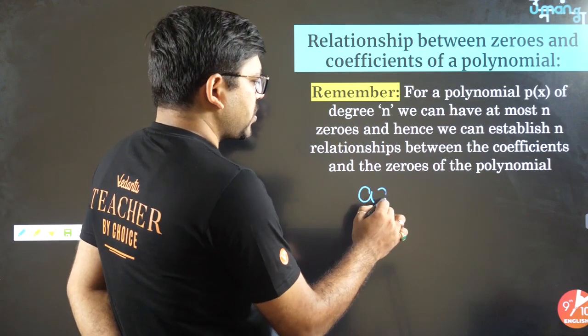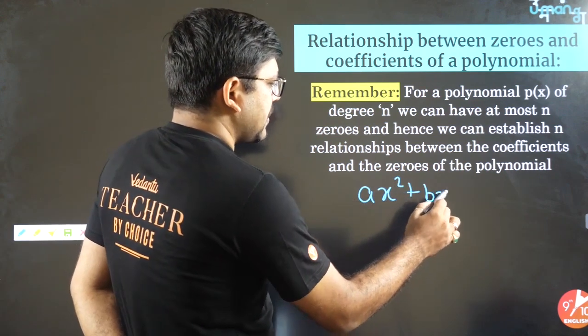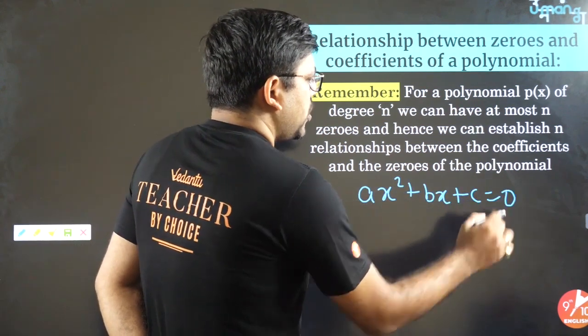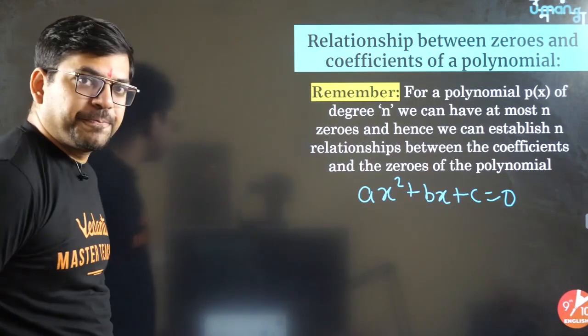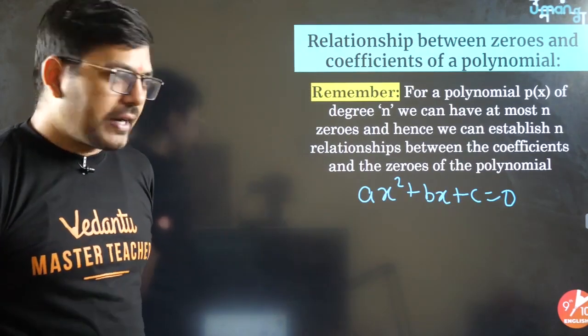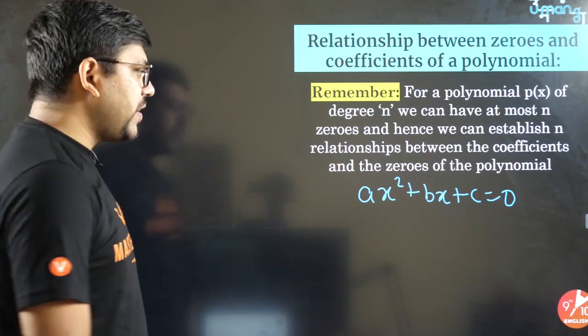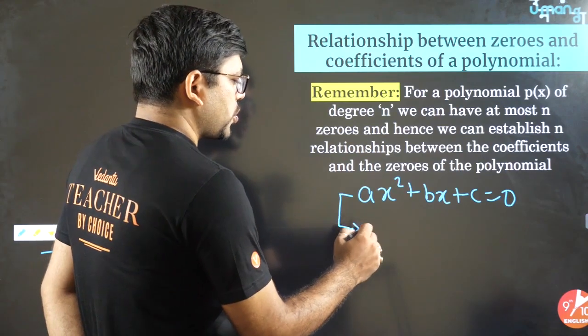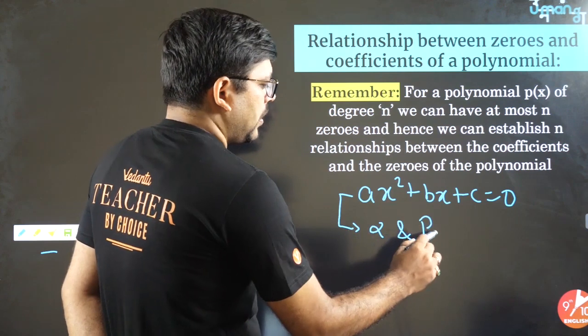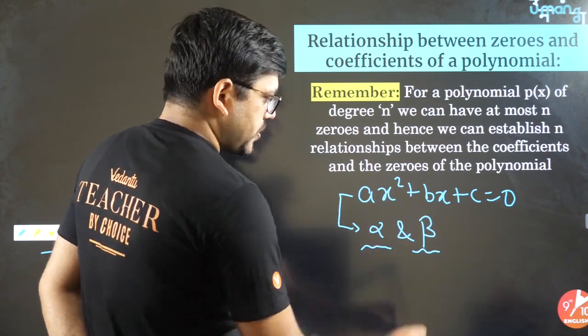Let's take a general quadratic equation, ax square plus bx plus c equals to 0. A quadratic equation can have two zeros, and we assume those two zeros to be alpha and beta.